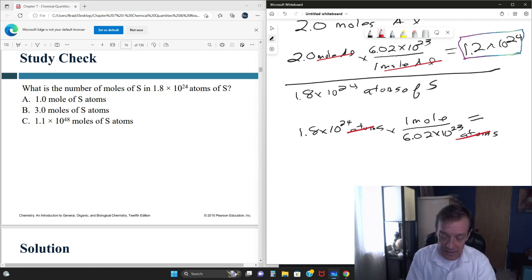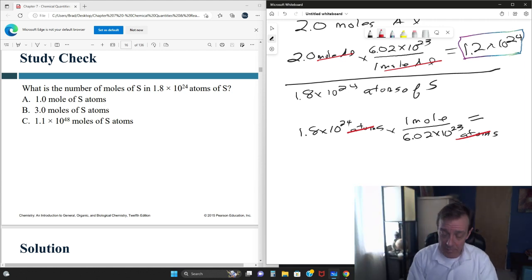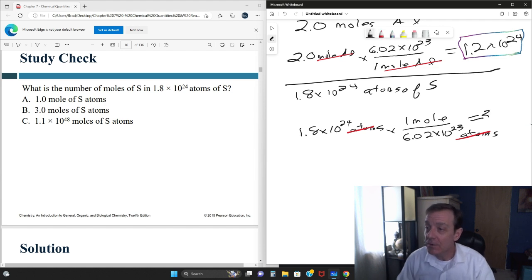So 1.8 exponent to the 24th divided by 6.02 exponent to the 23rd gives us 2.99, so we'll round it to 2 significant figures, 3.0 moles.